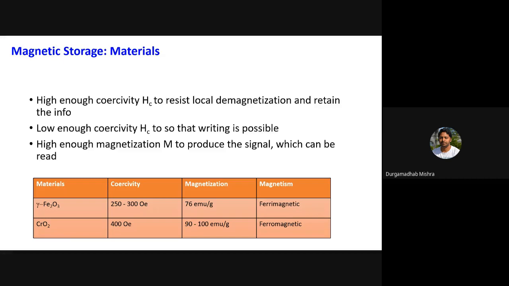Suppose your domains are aligned to the right, and now you want to orient them to the left. That means you have to go through the whole hysteresis. Let's say the positive alignment is your positive saturation, and you want to go to the negative saturation, so you have to go through the coercivity.